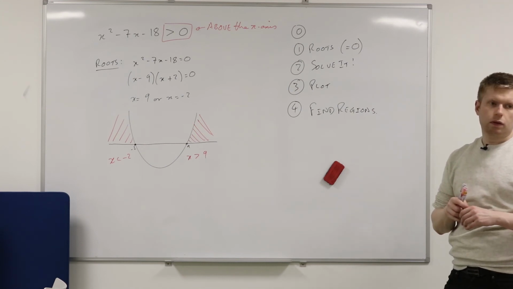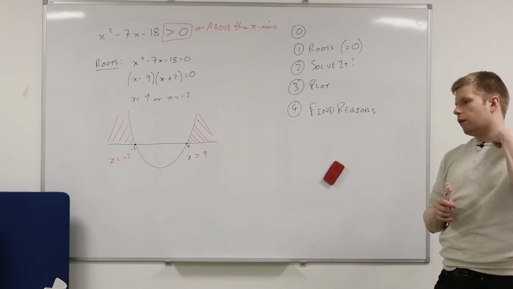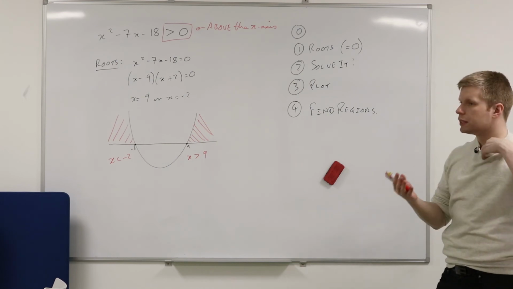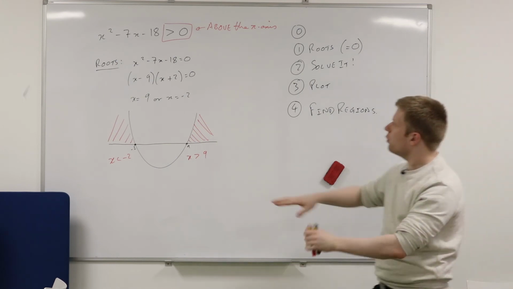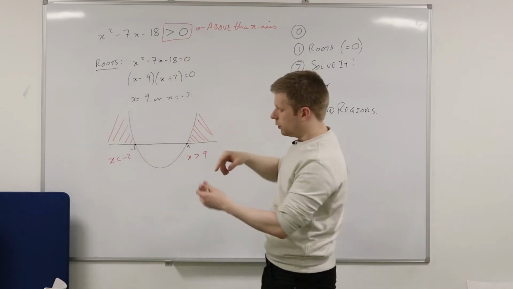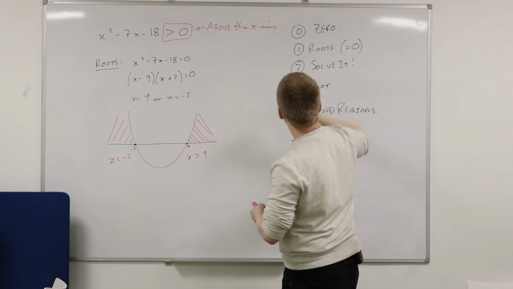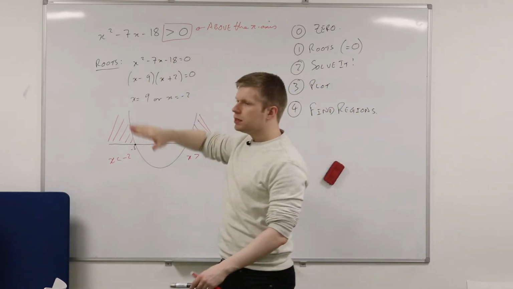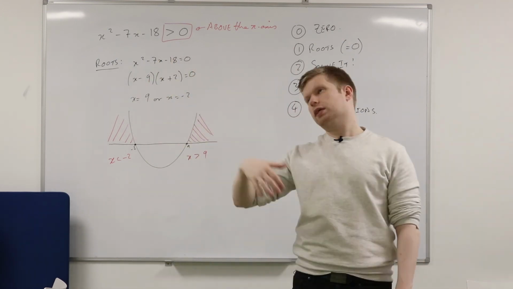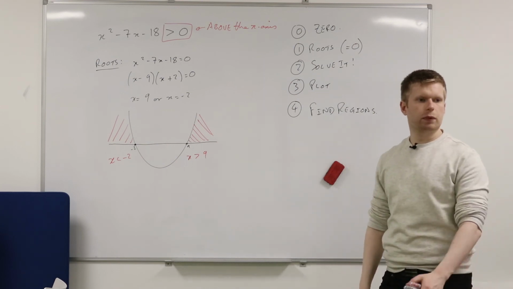We're going to have to move the 6 to the other side. Yeah, so first things first, you need to make sure there's a 0 on this side of the inequality. So I'll just write 0, but effectively what I'm saying is it needs to be either greater than 0, less than 0, greater than or equal to 0, or less than or equal to 0 in order to solve this.